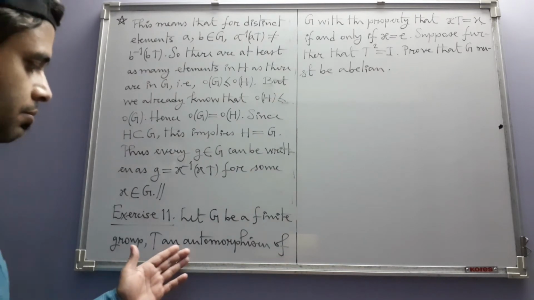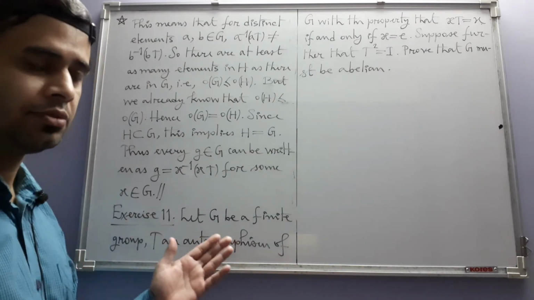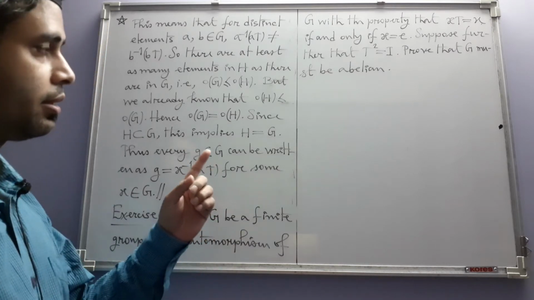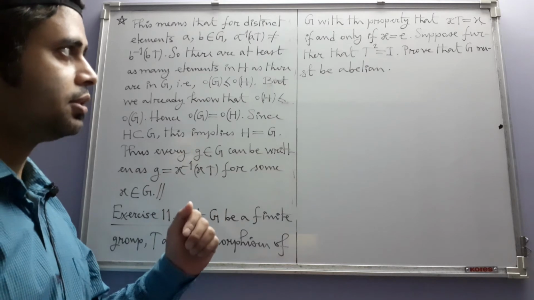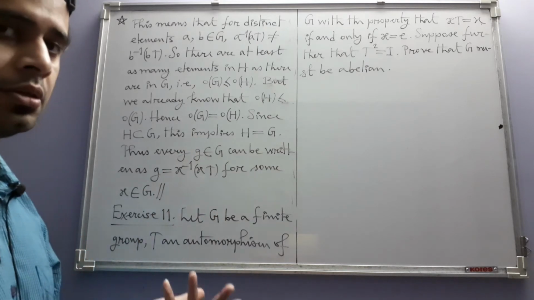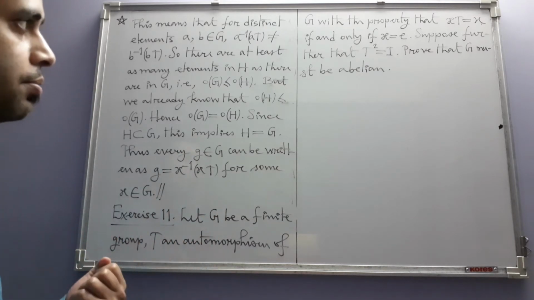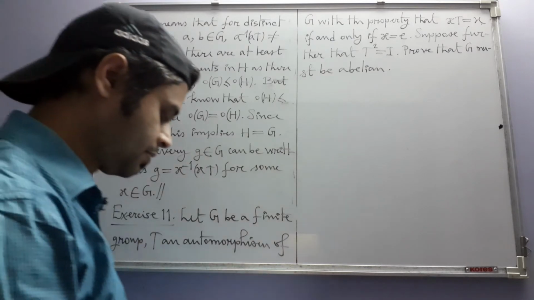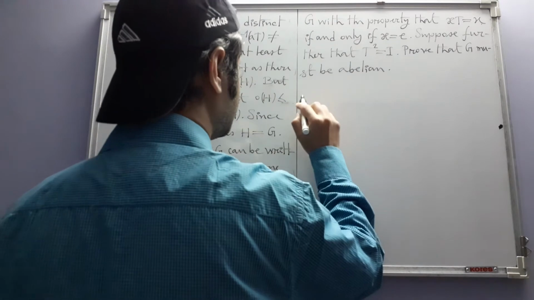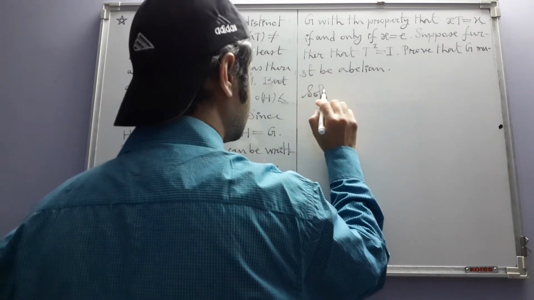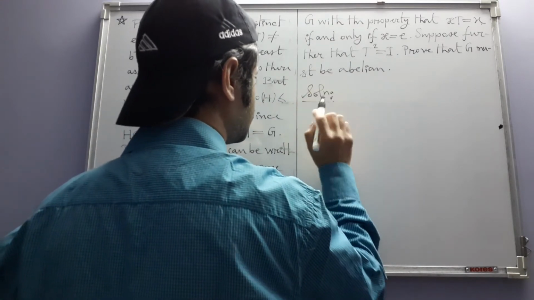So although the starting is just like the previous exercise, there is an additional hypothesis on T now, namely the square of T is the identity automorphism. We now have to prove that the group must be abelian. Okay, in this case, the solution proceeds like this.